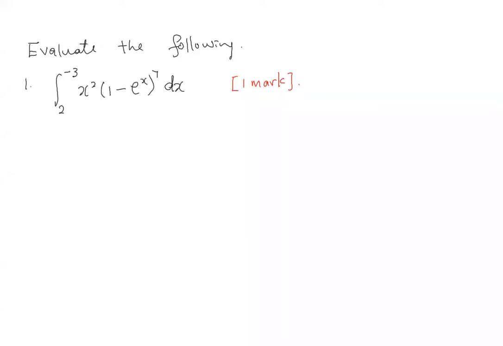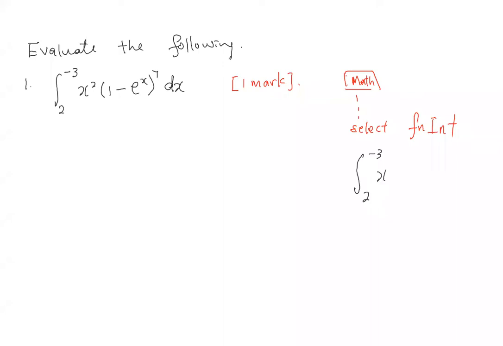So you go to your graphic calculator, go to math, select FNINT. Then you key in 2 here, -3 here.